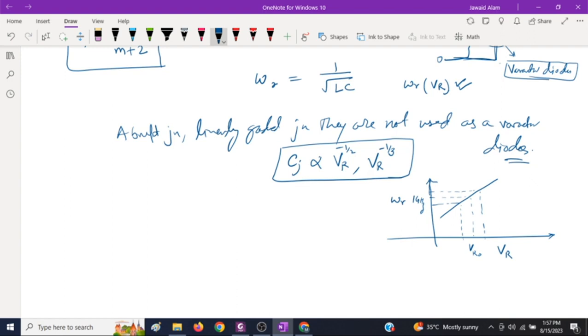And that is why there is a special junction which is called a hyper abrupt junction, which is used to get this linear behavior.